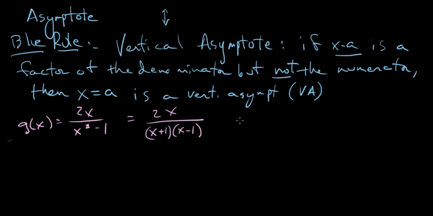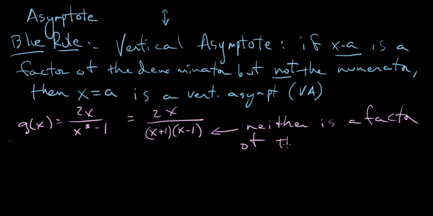And so neither one of these is a factor of the numerator. Notice neither one of these is repeated in the numerator. So if x minus a is a factor of the denominator but not the numerator, then x equals a is a vertical asymptote.